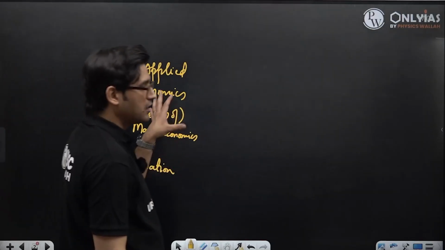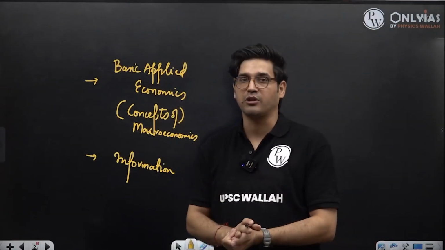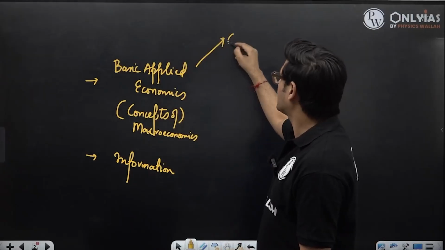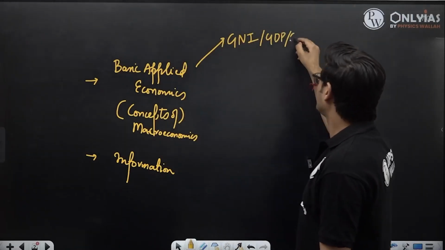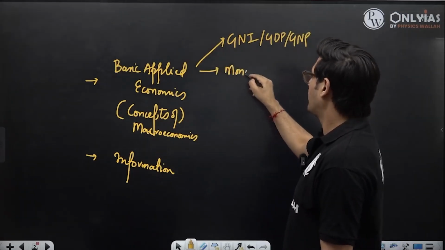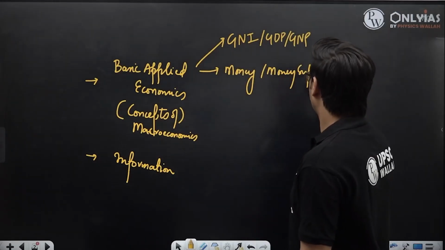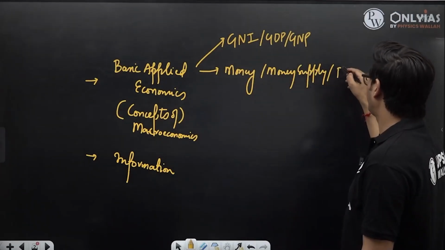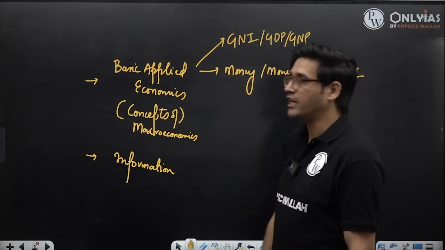Now, like I said, as part of a prelims examination, what will be the basic applied economic concepts? First is the concept of the gross national income, GDP, GNP. Then there is a concept, that of money, money supply, and the role of the central monetary authority, which is that of RBI.